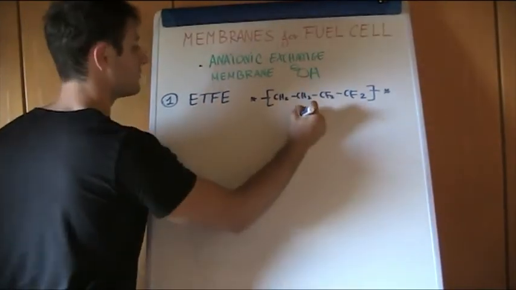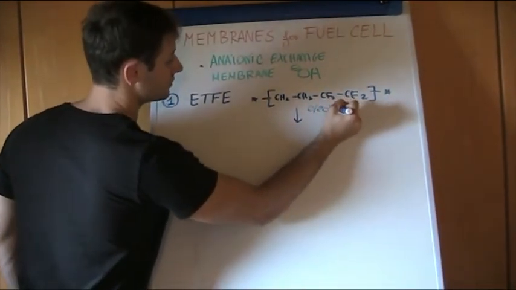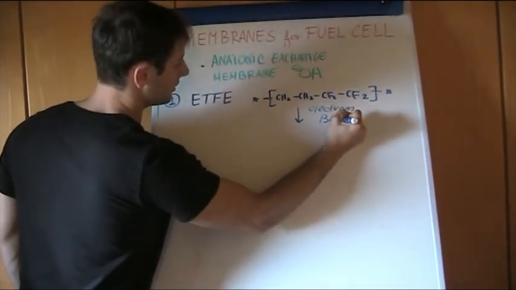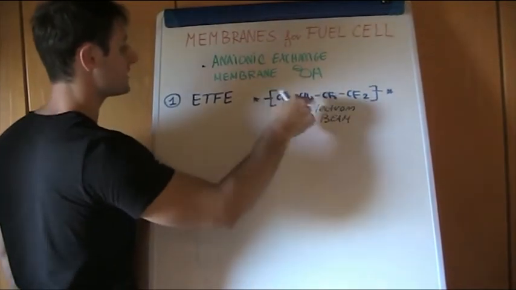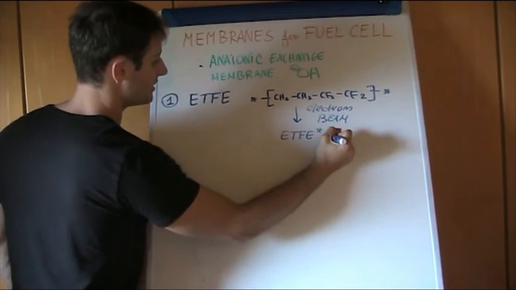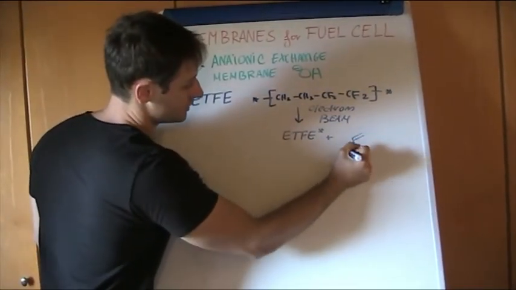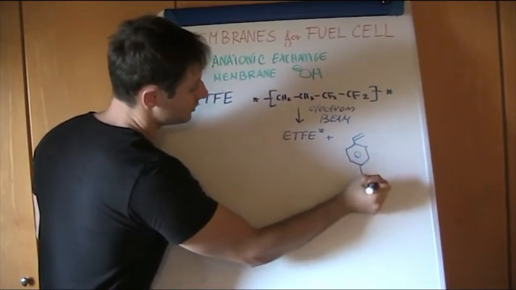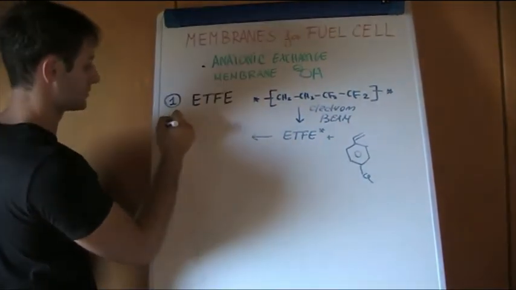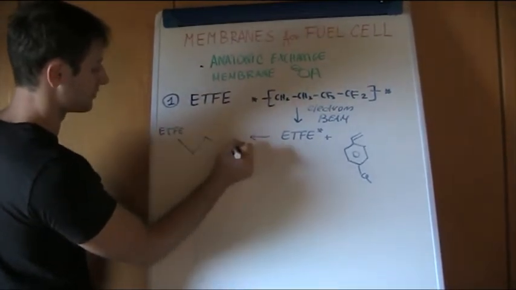And when this polymer is irradiated with a specific electron beam, what we can see is it is activated to an excited state, and it can react with specific molecules, and we are able to introduce these molecules inside this polymeric structure.